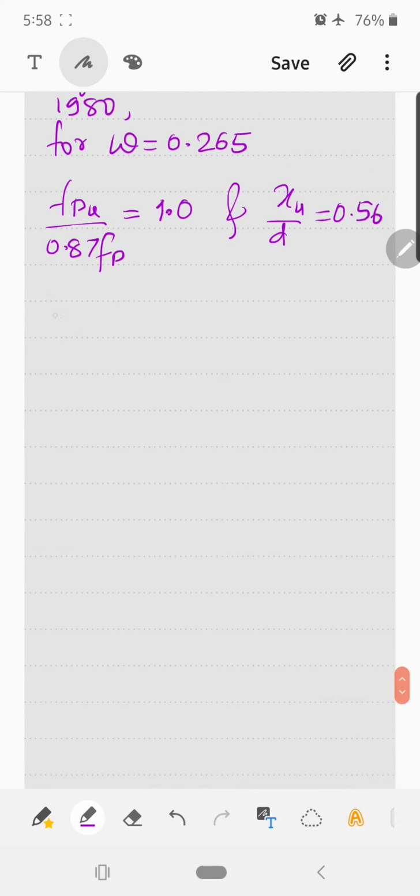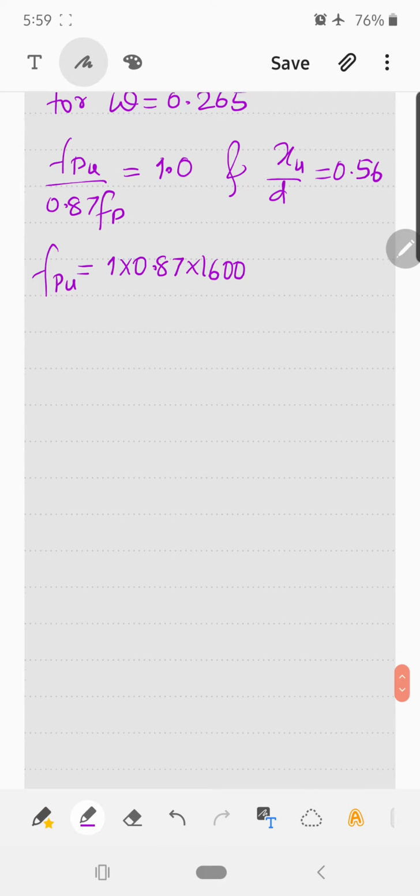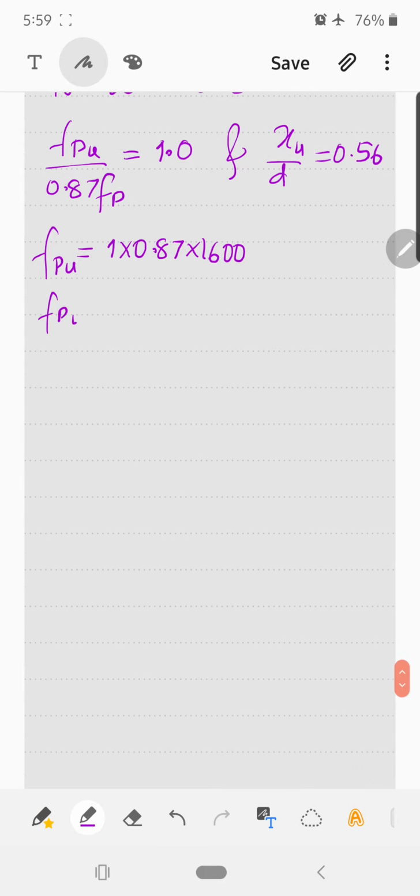Now with this calculate FPU. FPU is 1 into 0.87 into 1600. So FPU is 1392 Newton per mm square.